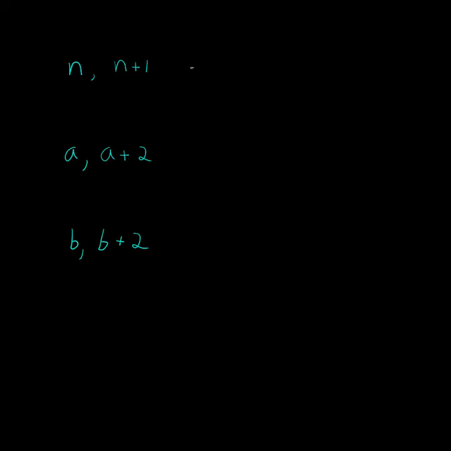So this would be consecutive integers, consecutive even integers, and consecutive odd integers, provided that a is even and b is odd.